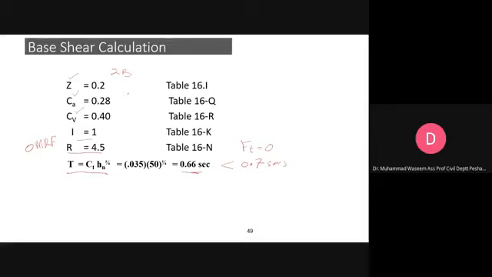You have to use some tables, like from zone 2B, you have Z, Ca, Cv, these values. The importance factor is 1. The building is an ordinary moment resisting frame, so the response modification factor can be 4.5. You should estimate the time period. The time period is less than 0.7, so straight away the Ft value will go to 0.